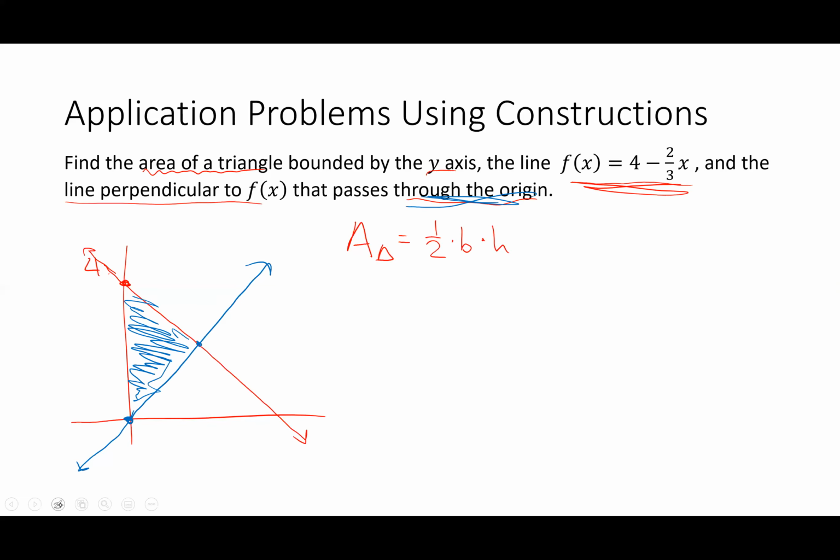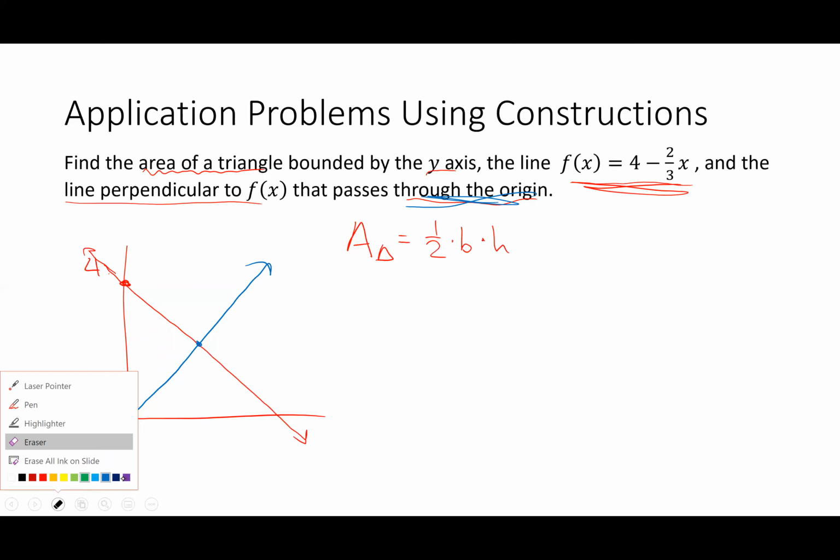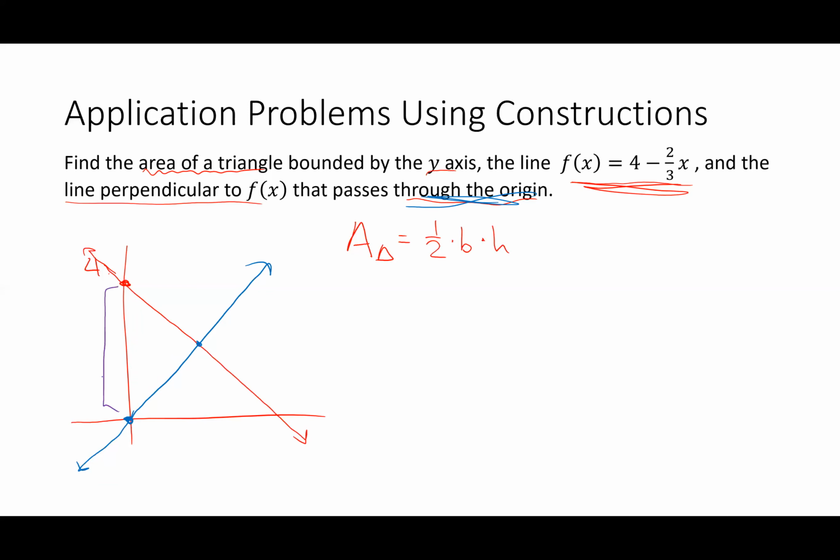So first order of business. What's really nice about this is if I think of my triangle as this being my height and this being my base, I'm already in pretty great shape because my height going from 0 to 4 is going to be 4. So right out of the gate, we're already halfway there.